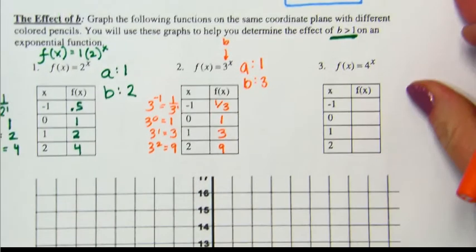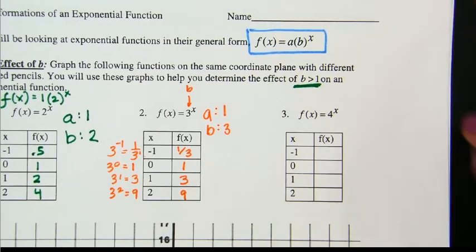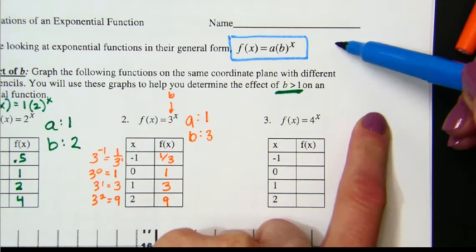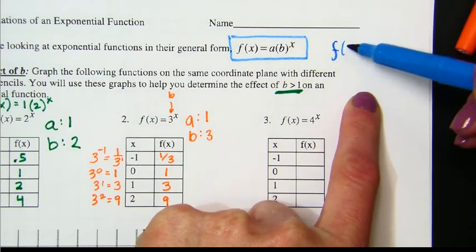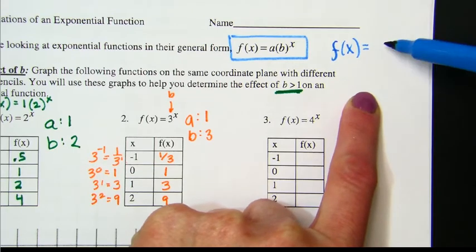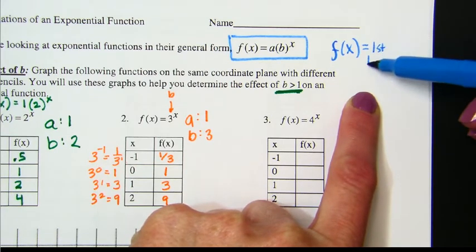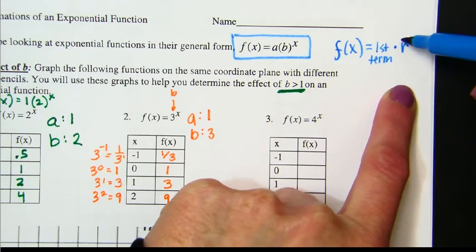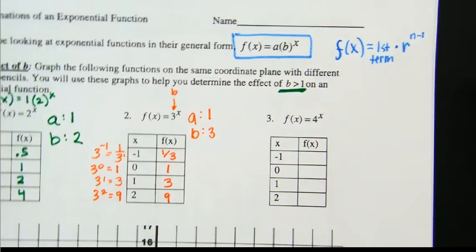If we look back up here, this is very similar to our geometric sequence explicit rule, which was the first term times the ratio to the n minus 1 power.